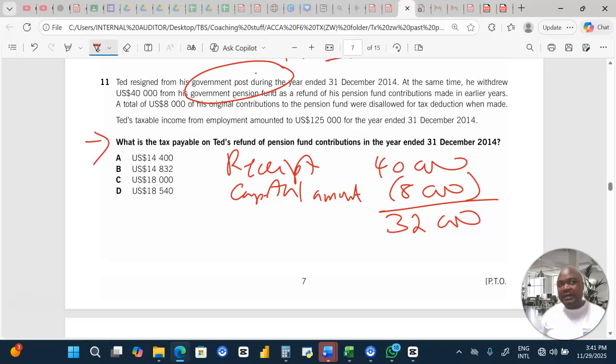So we go to the employment tables, the PAYE tables. But when we go to the PAYE tables, we need information of his annual income. The annual income. So the taxable income from employment included, amounted to 125,000 for the year ended 31st December 2024.